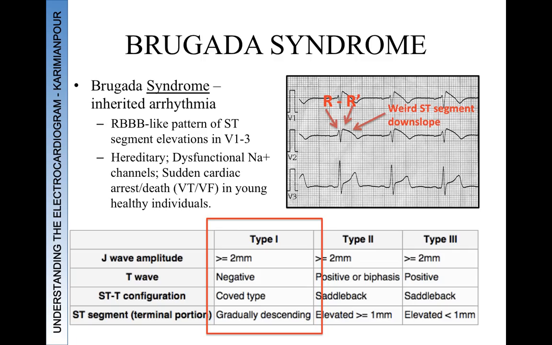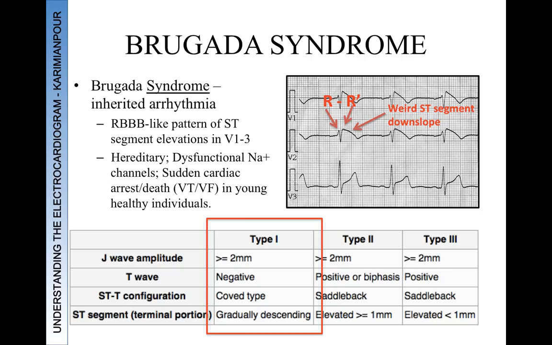So, special disease states. Brugada syndrome, again, not to be confused with the Brugada algorithm, is an inherited arrhythmia. It's essentially dysfunctional sodium channels. It can cause sudden cardiac death and cardiac arrest, VT or VFib in a young, healthy individual.